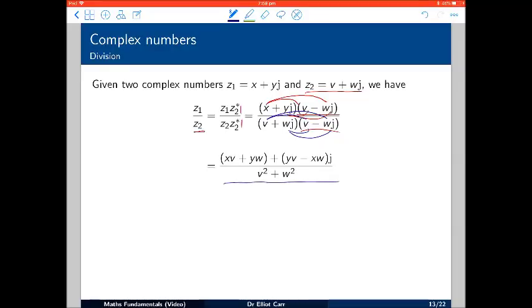The idea is to express this in the form of a complex number, which is a plus bj.